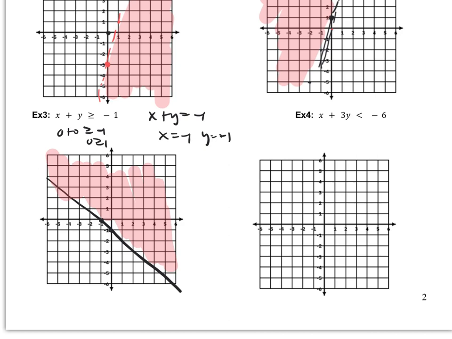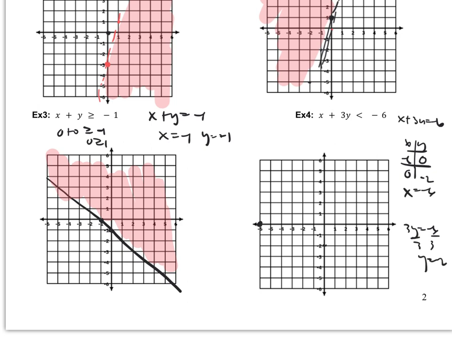Same thing here, because y is not isolated, I'm going to do x plus 3y equals negative 6. If I change y to 0, I'm going to get x equals negative 6, so that's here. If I change x to 0, I'm going to get 3y equals negative 6, so y will equal negative 2.